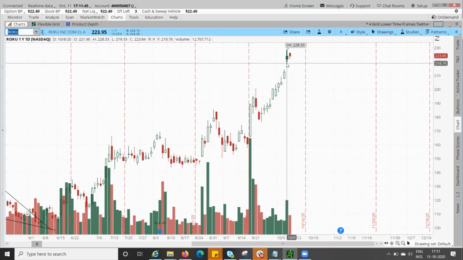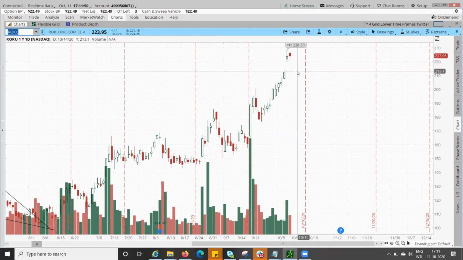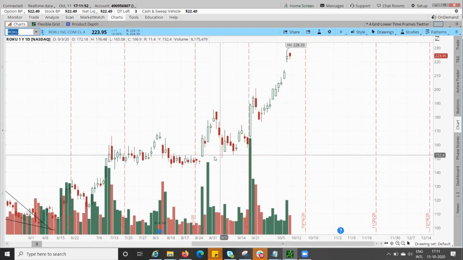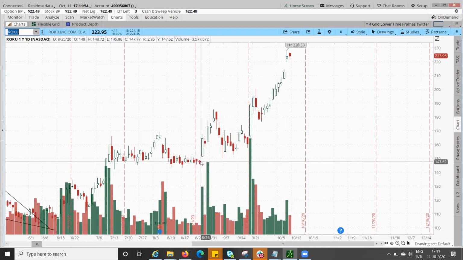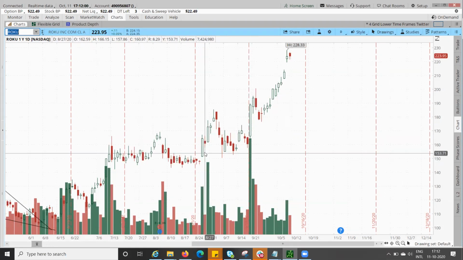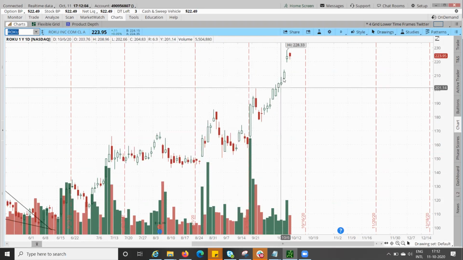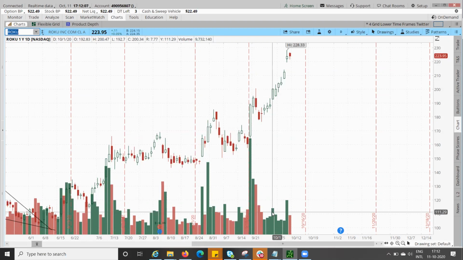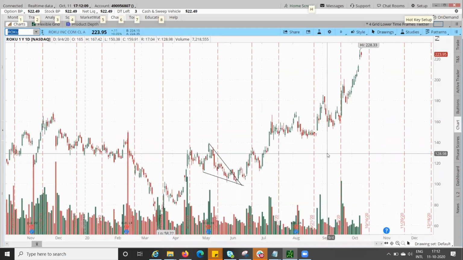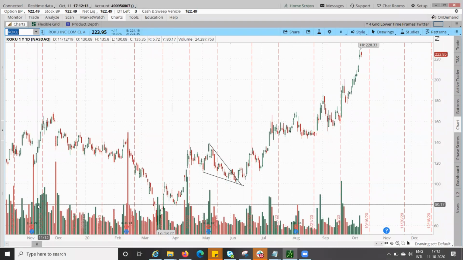But if it falls below this, there is a possibility it's going to come and fill this gap. This gap is still open. But interesting thing, look at the volume going up. There was a volume when it went up here.